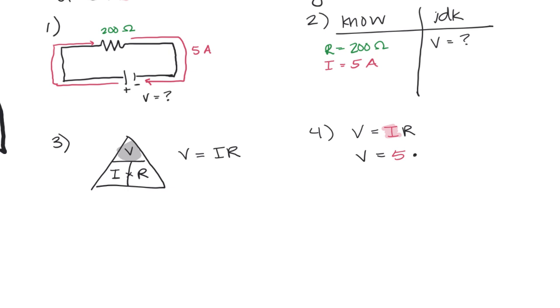That we are multiplying times the resistance, which we know is equal to 200 ohms. You can go ahead and plug that into your calculator, and you should get that the voltage of this circuit is 1,000 volts. And that is how we use Ohm's law in an example problem with an electric circuit.